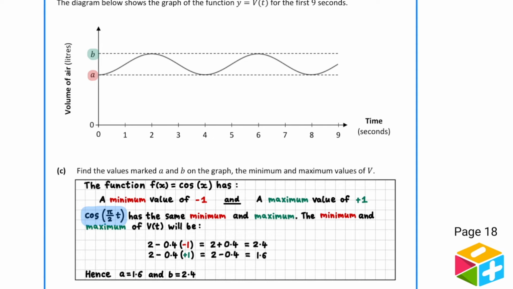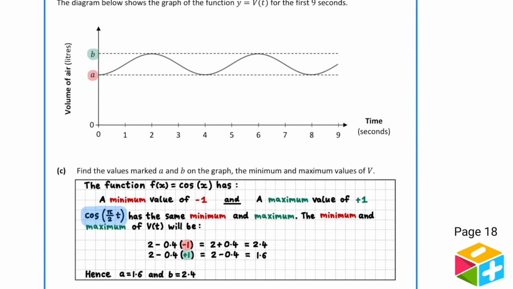To find the minimum and maximum values of our function V of t, all we have to do is sub in the minimum and maximum values of the cosine pi over 2t. In other words, we should replace this expression with -1 and with +1.